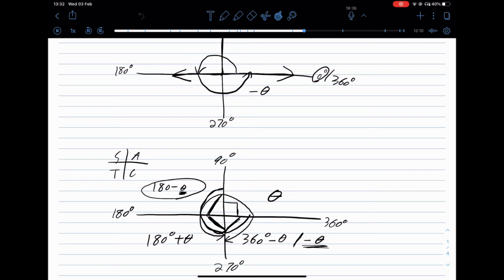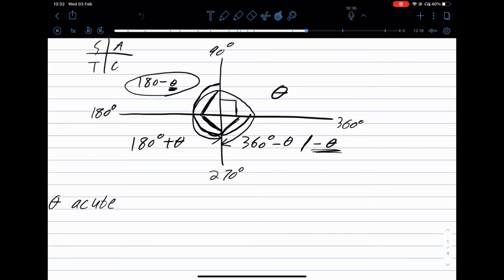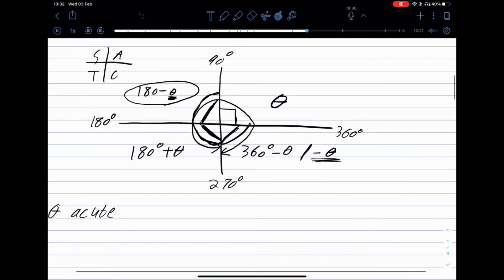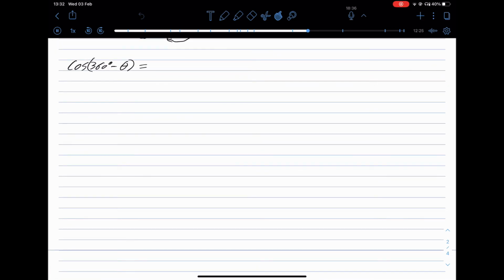So that's why we get negative theta there. If you want to check that, if you have a calculator on you, check that this is equal. You can plug in any value of theta that is acute, and you will get this to be true.